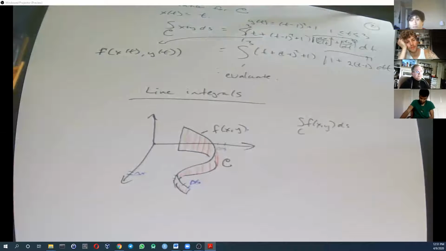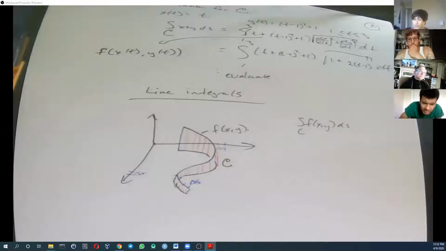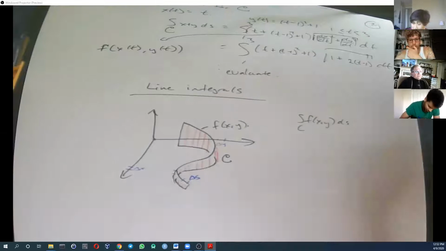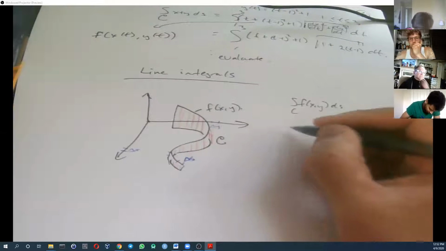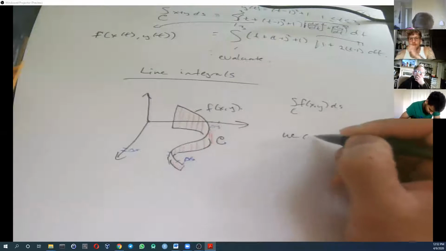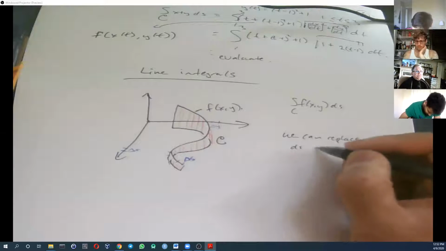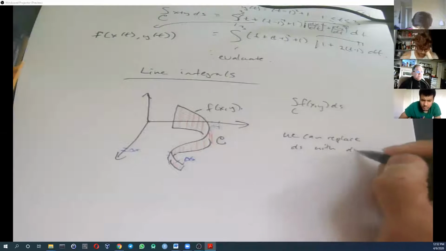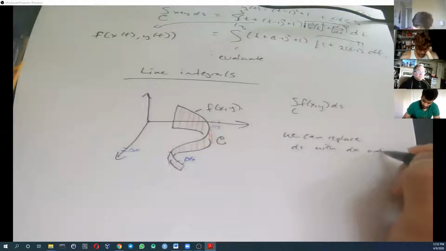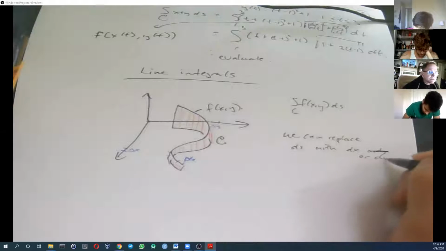So I have a couple of vantage points or ways to chop up my curve, right? So it makes sense that I should be able to compute these integrals as well. We're going to write that down. So it says we can replace ds with dx or dy.